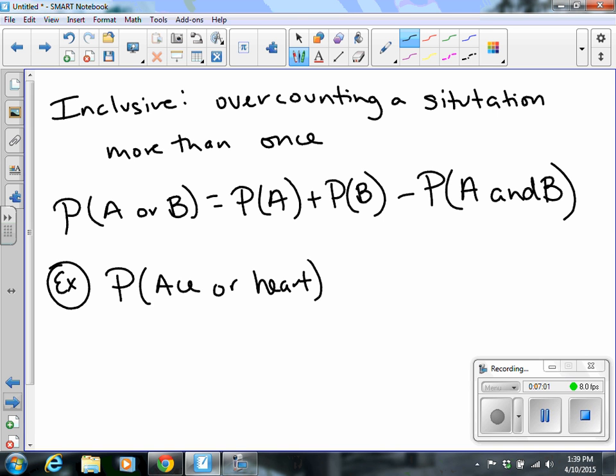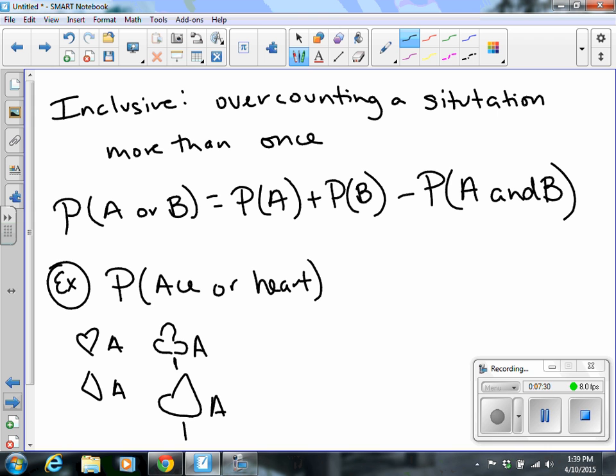For an ace, I can have a heart ace. I can have a diamond ace. That doesn't really look like a diamond. I could have a club ace. And I can also have a spade. See my drawing skills on this one. Not so good. Okay, but you get the point.